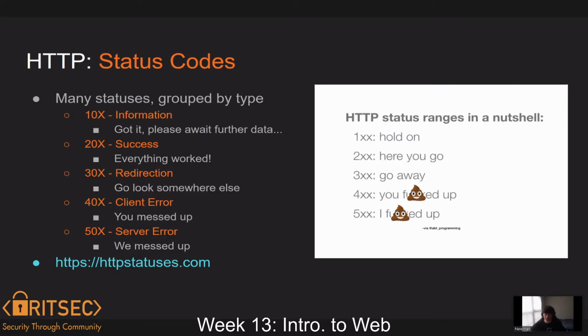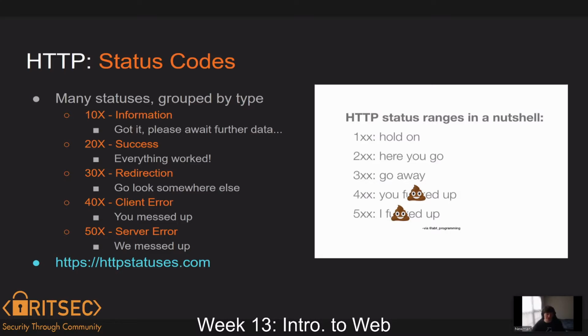So the person or program sending the request messed up with their request in some way. Maybe it's the wrong format or they're not authorized or something like that. And then you have 500 errors, which are server-side errors. Usually you can't really do anything about those. It's just to let you know, hey, something's going wrong, try again later maybe.